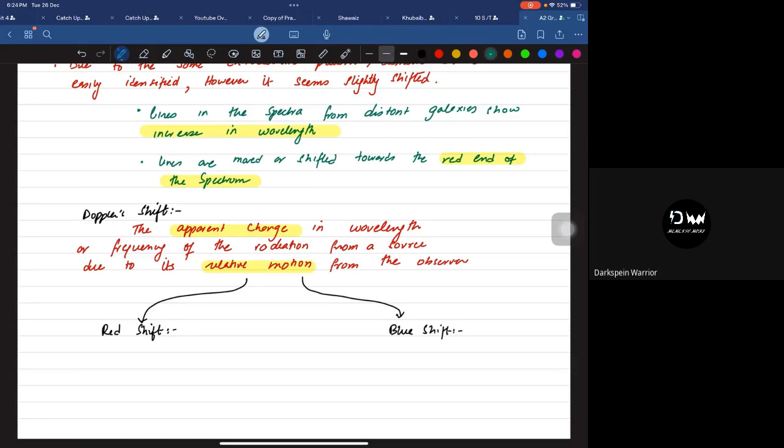Red shift happens when the object is moving away from Earth. If the object is moving towards Earth, then it is blue shift.